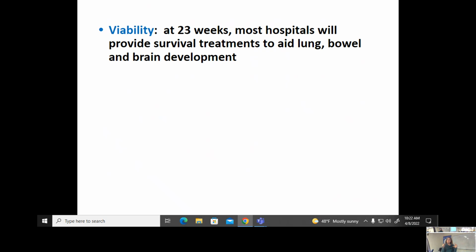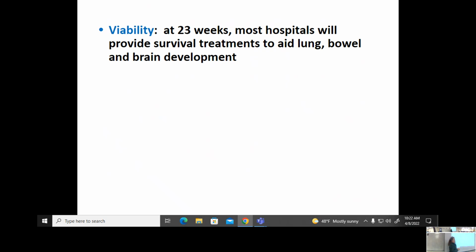And in the US, if you are in a big city and you go into labor about 23 weeks into pregnancy, when the newborn is born, they will try to save it, and they will put it into neonatal intensive care and give support so that the newborn will have a chance at living.